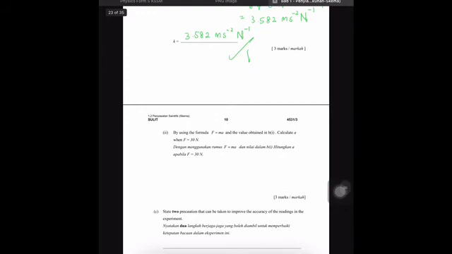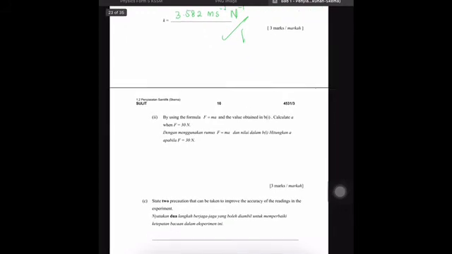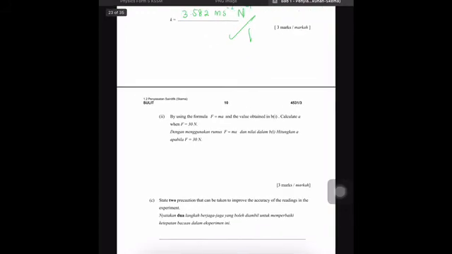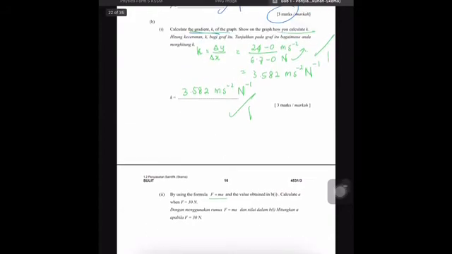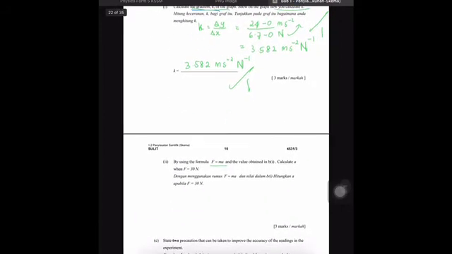Now we move on to the next question. By using the formula F equals MA and the value obtained in B1, calculate A. You already have it.